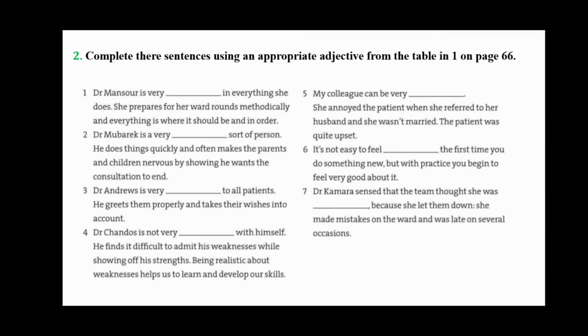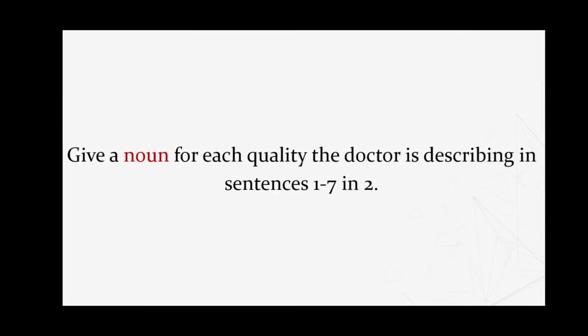We do the exercise, sentences 1 to 7. We have these answers. Next, give a noun for each quality the doctor is describing in sentences 1 to 7 in exercise 2.